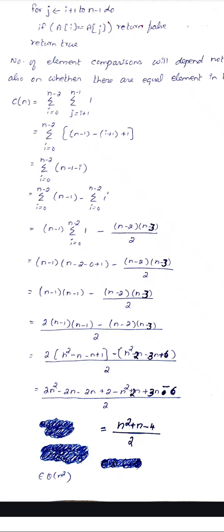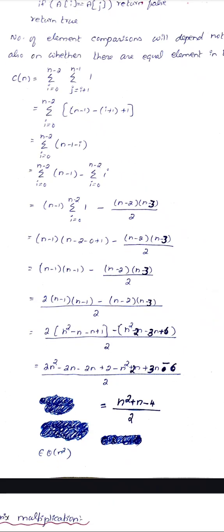So the sum is n minus 2 into n minus 3 by 2, plus n minus 1 into n minus 1 minus n minus 2, that is n square minus 2n plus 3n minus 6, which gives n square plus n minus 4 by 2, that is theta of n square.